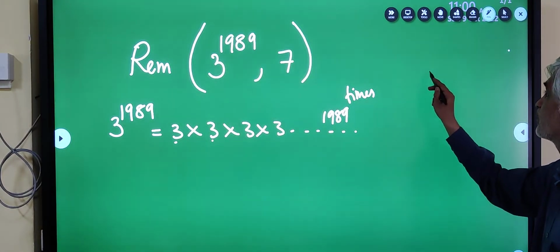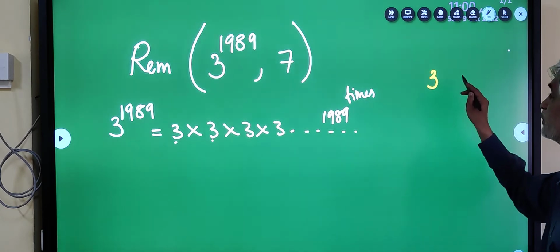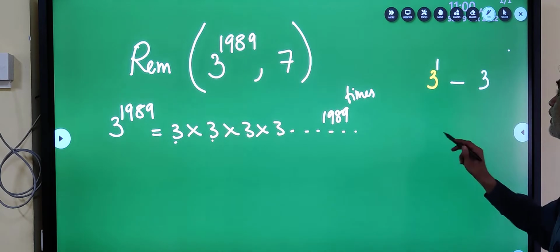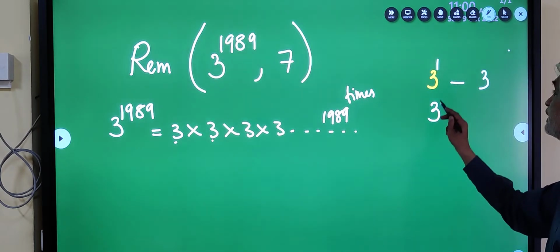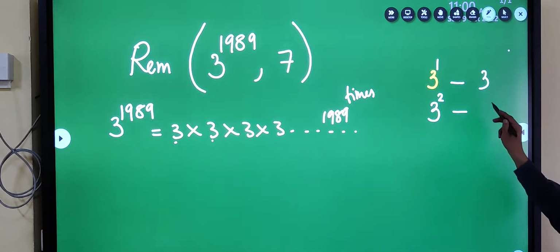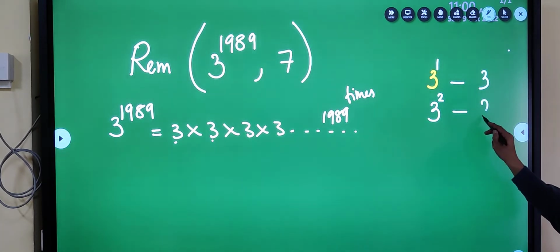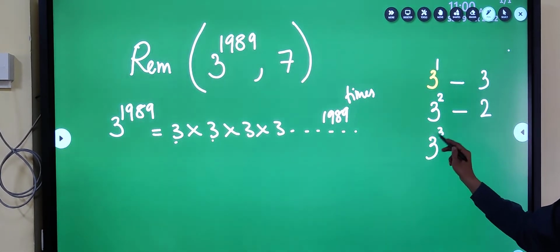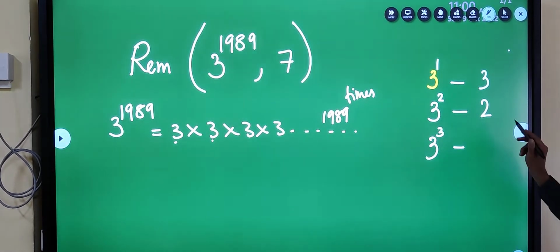What is the remainder of 3 when you divide by 7? The answer is 3. What's the remainder of 3 square when you divide by 7? And the answer is 2. What is the remainder of 3 cube when you divide by 7?